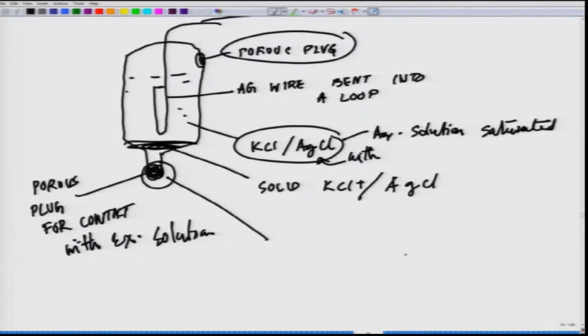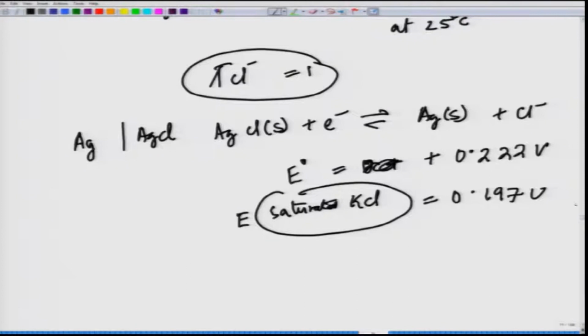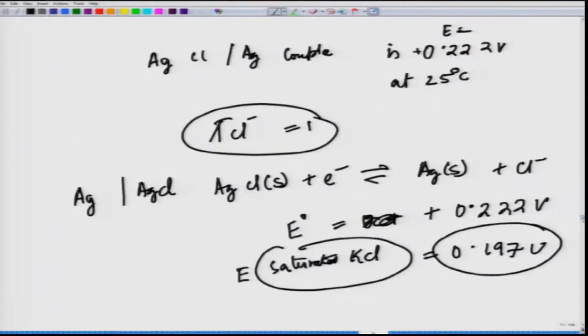Okay. So, these are some of the very first reference electrodes which get away from the standard hydrogen electrode. So, the idea is that if you use this value with respect to SHE, then this becomes your reference point.